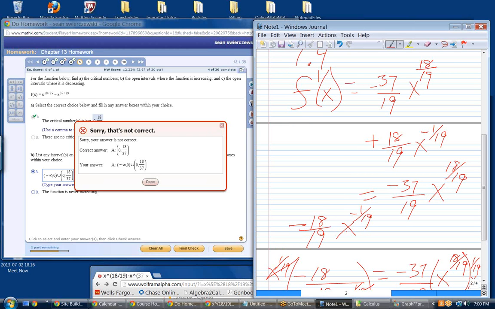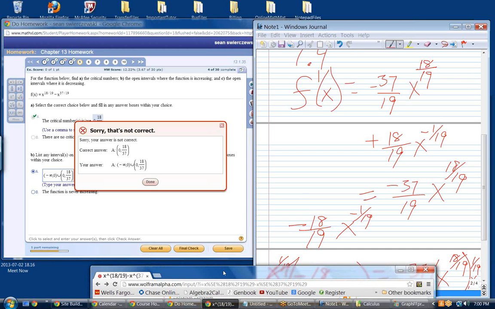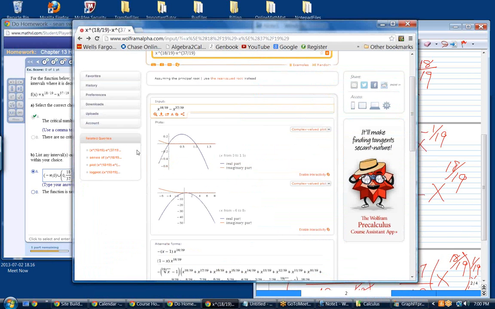In other words, when I write x to the minus 1/19, x can be positive or negative. That's why Wolfram Alpha showed it the way it did. It showed it in the negative. It can be negative. It's not listing that as imaginary, although it does list that as imaginary.